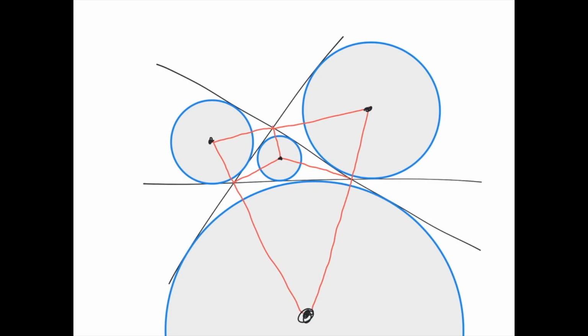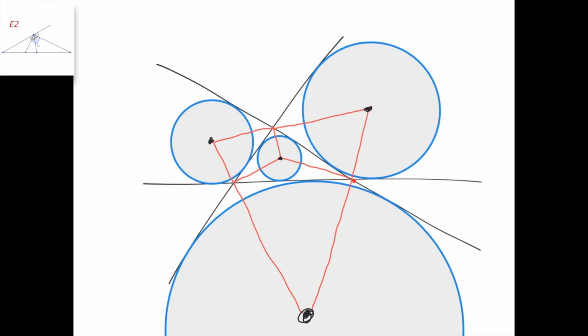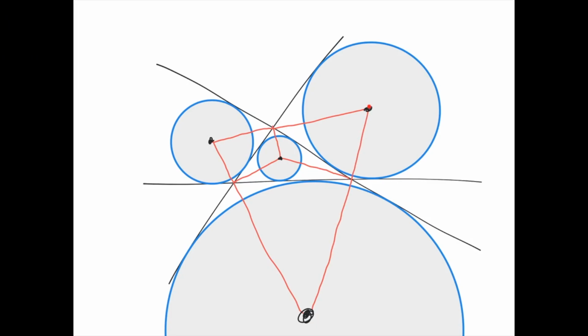And so importantly, because this is the same external bisector as this one, we got a triangle here, such that the 3 initial vertices, this one, and this one, lie on the sides of this triangle, and such that this is a 90 degrees angle, this is a 90 degrees angle, and this is a 90 degrees angle. And that's because the angle between the internal and the external bisector is 90 degrees.